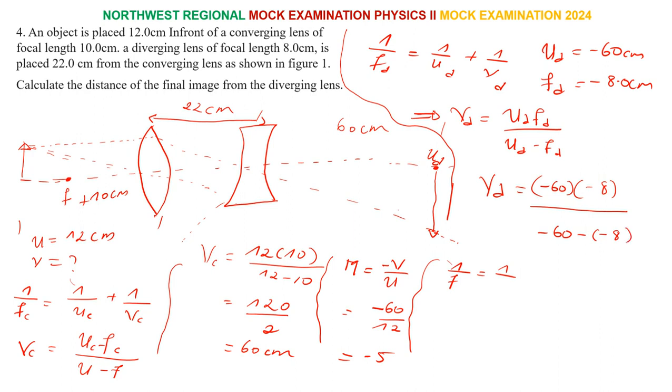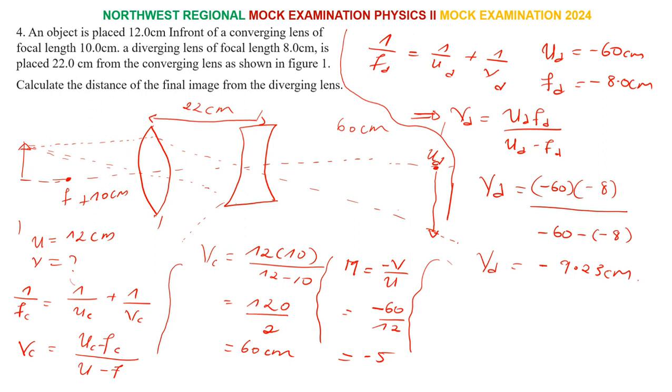We do the numerical application: 60 times 8 divided by 52. We have our v_d to be approximately negative 9.23 centimeters. So it means that our image will be formed there.